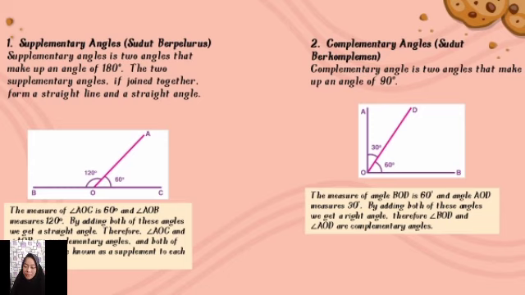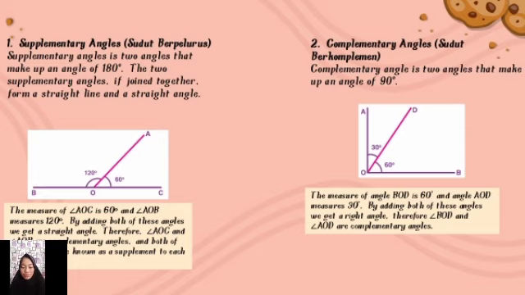By adding both of these angles, we get a straight angle. Therefore, angle AOC and angle AOB are supplementary angles, and both of these angles are known as a supplement to each other.